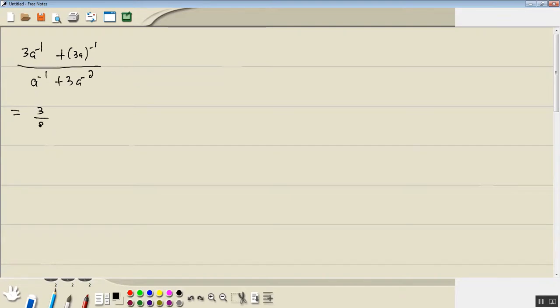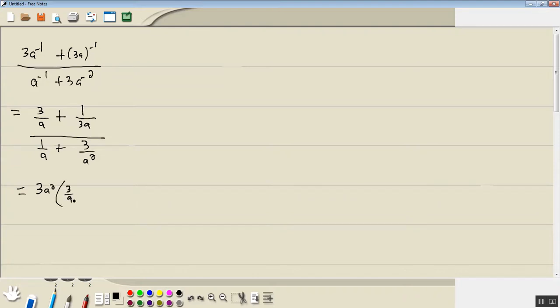So we're going to have 3 over a plus 1 over 3a, 1 over a here plus 3 over a squared. We multiply by the LCM of all our inner denominators, which would be 3a squared.